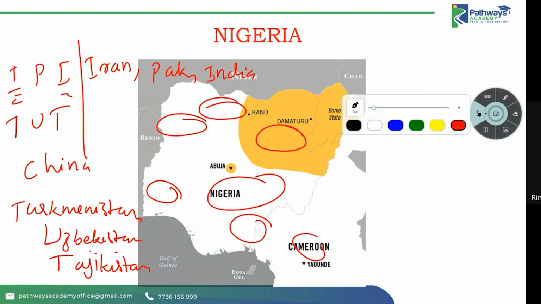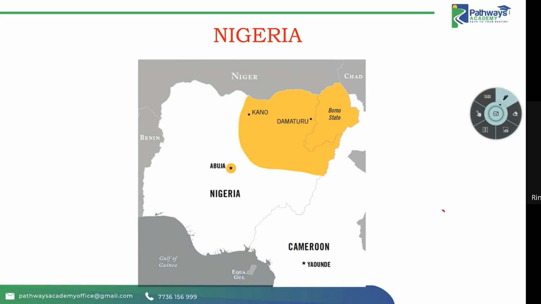Then in Nigeria, there is also some conflicted region, that is Kano and Damaturu. Please write it down. The regions in Nigeria which are under conflict, that is Kano and Damaturu. In Africa, most of the conflicted regions are undergoing civil strife.